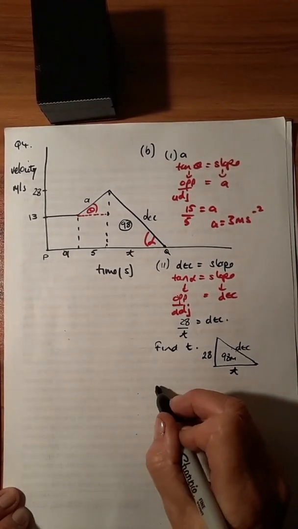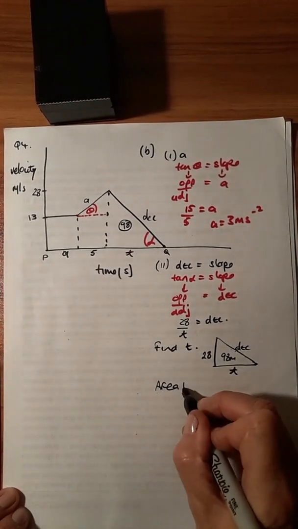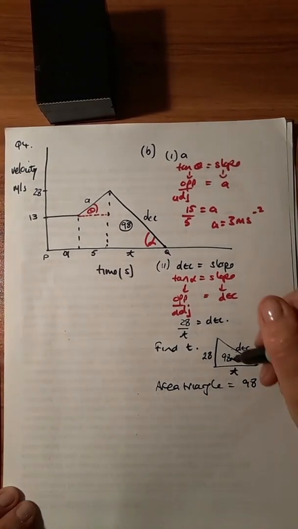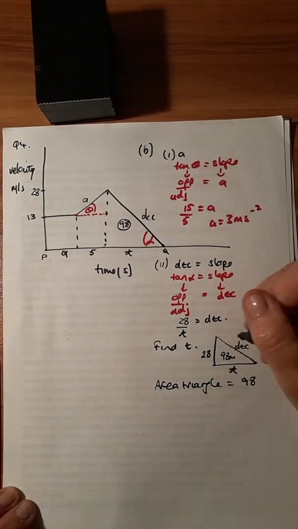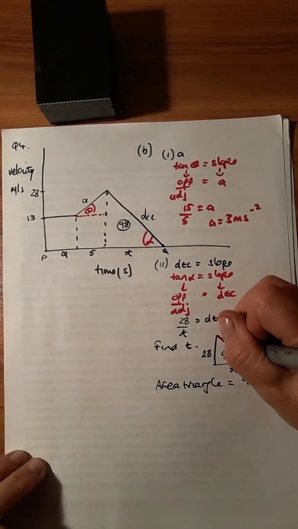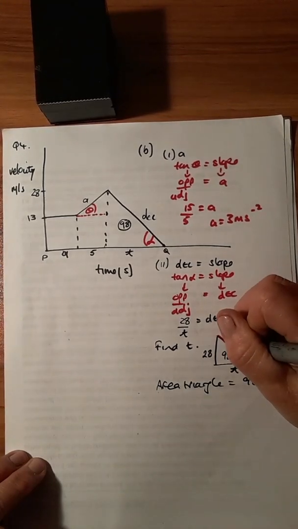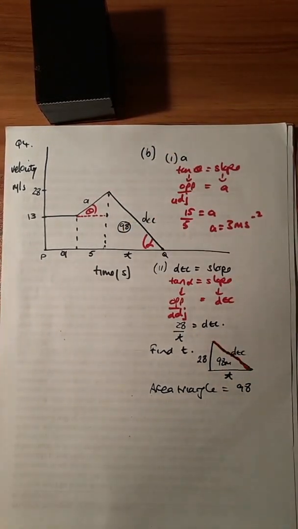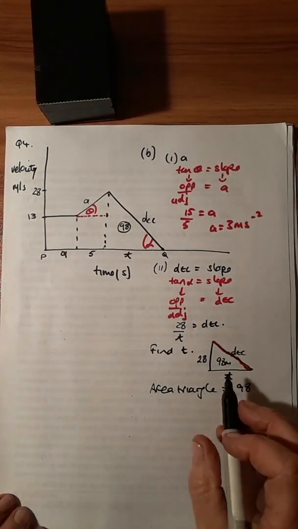So the area of that triangle is equal to 98. How do I get the area of a triangle?